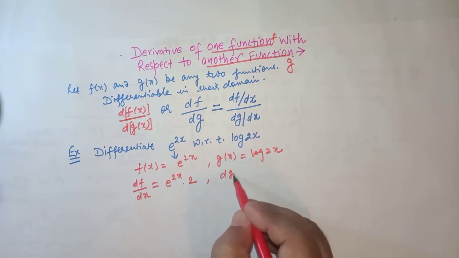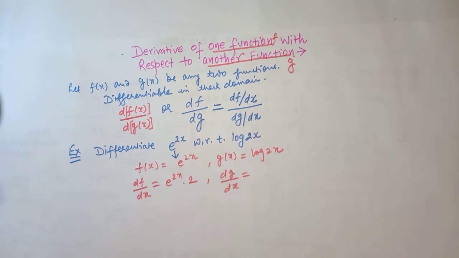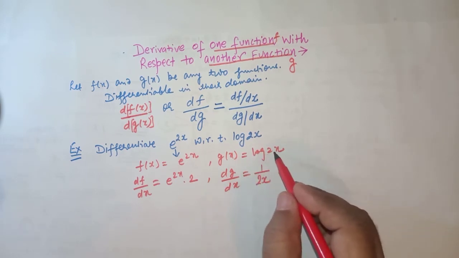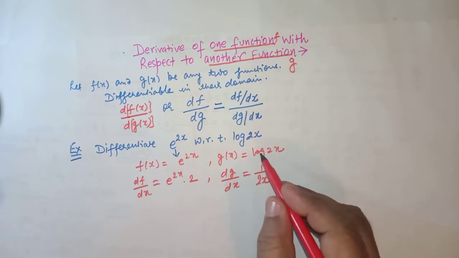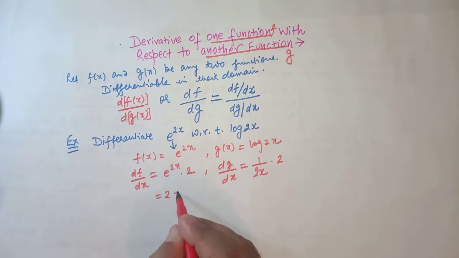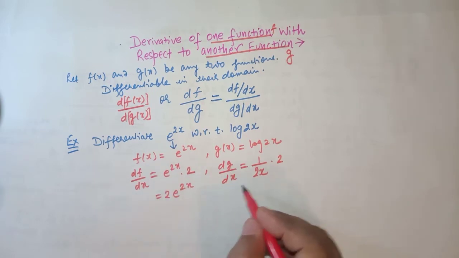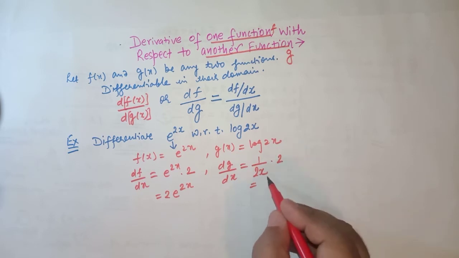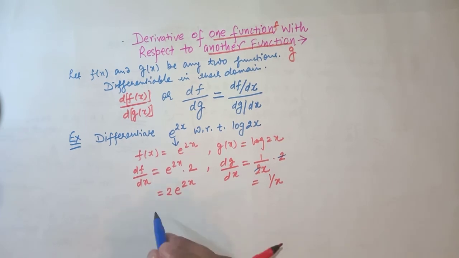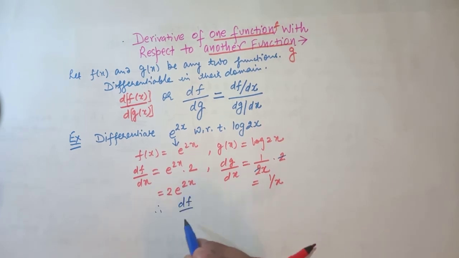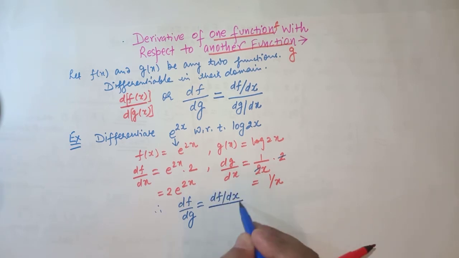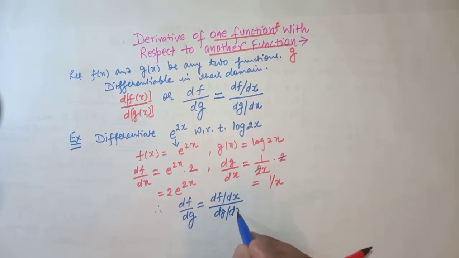Similarly, the derivative of g with respect to x is 1 over 2x, because the derivative of log x is 1 over x. So 1 over 2x, and then we have 2. So this is 2 e raised to 2x, and this 2 gets cancelled, and we have 1 by x. So therefore df over dg is equal to df over dx divided by dg over dx.